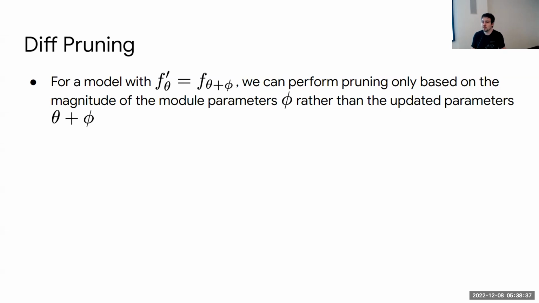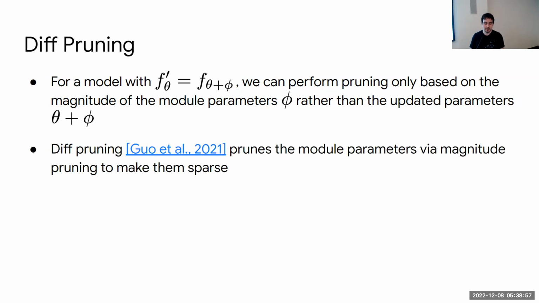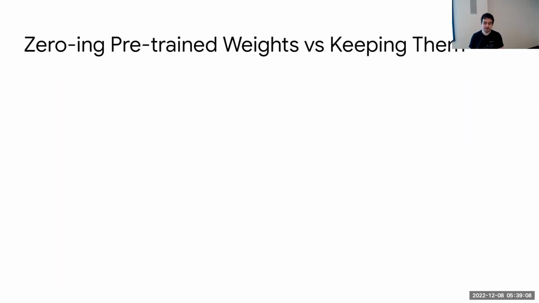This is similar in some sense to movement pruning, where instead of looking at the overall magnitude of the parameters plus phi, we are only pruning based on the magnitude of phi, which again results in a sparse update and a modular set of parameters. So this is a more fine-tuning specific way of magnitude pruning, now only applied to these phi parameters.